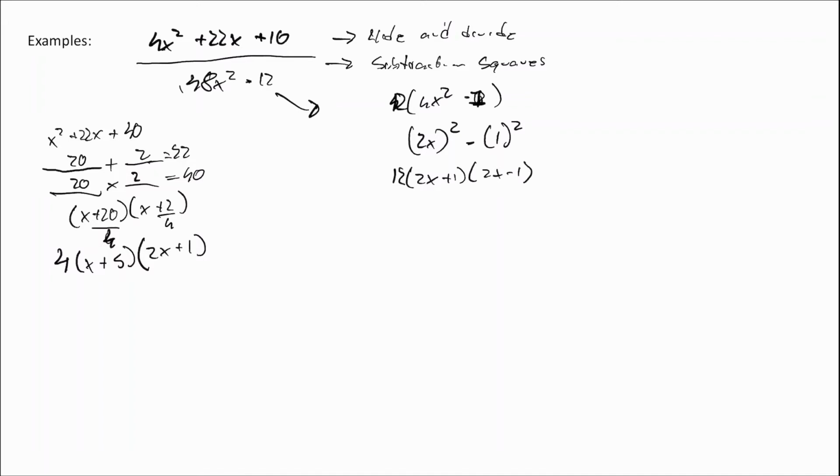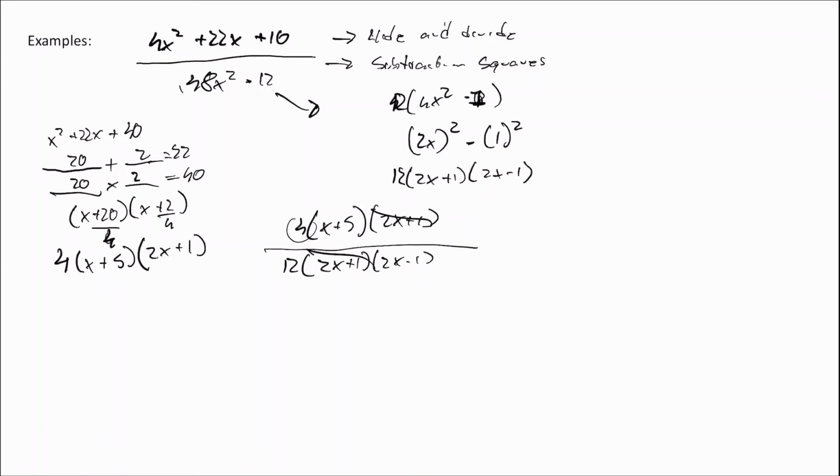And then I keep this 12 here. So my expression is 4 times x plus 5, 2x plus 1, divided by 12 times 2x plus 1, 2x minus 1. I can cross out these 2x plus 1s, which is a very important step.